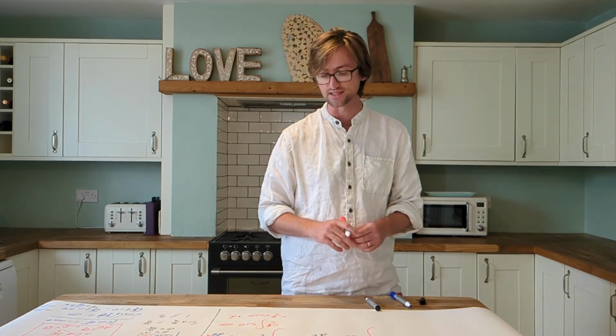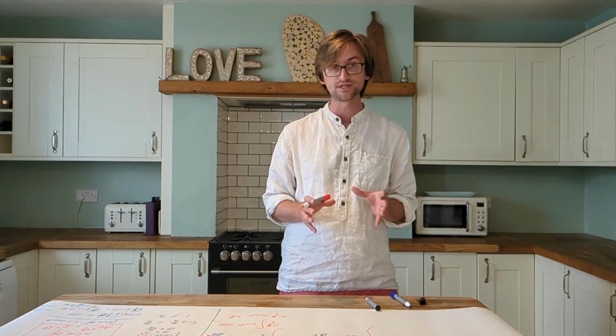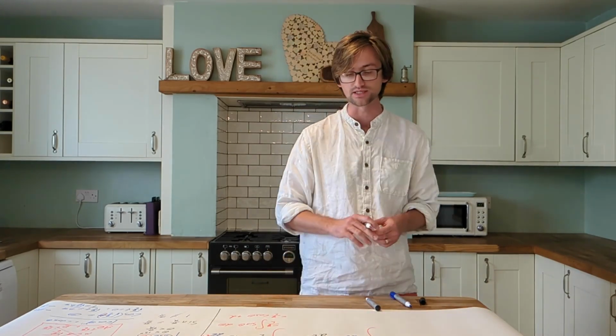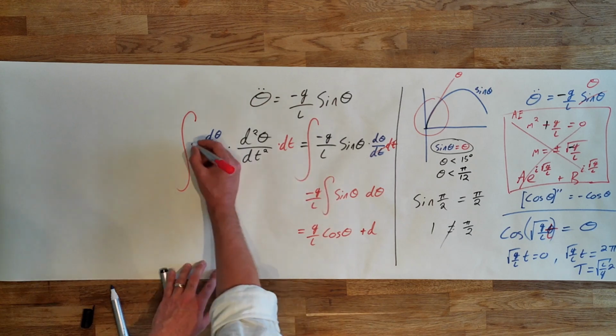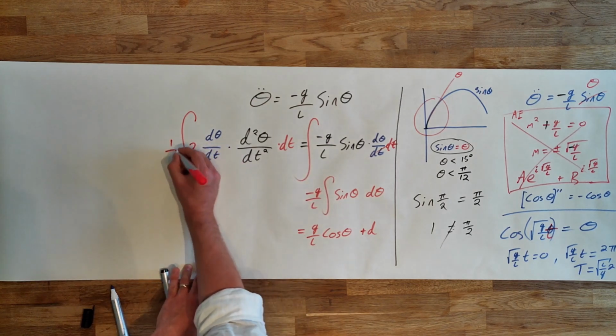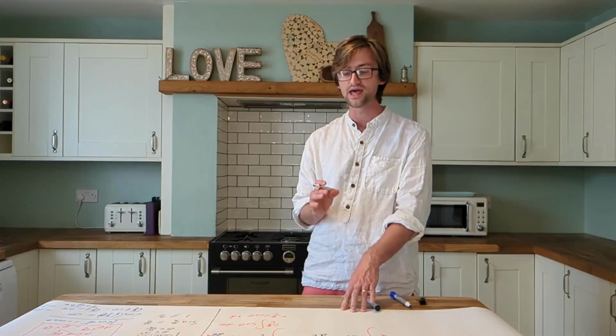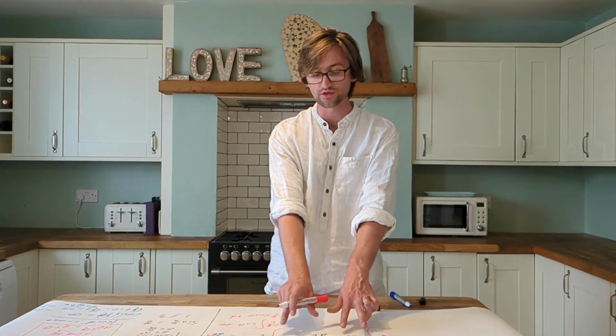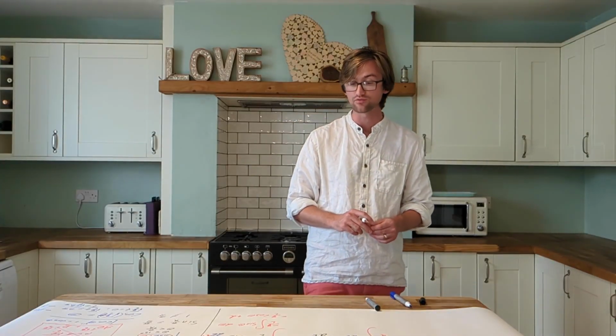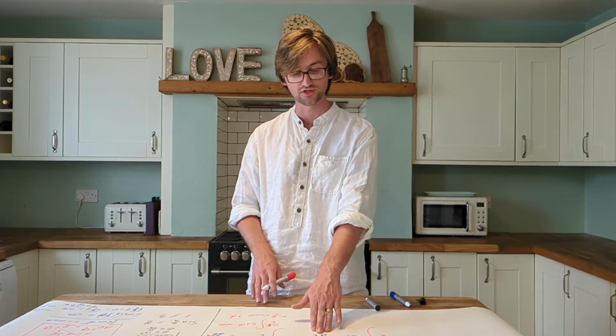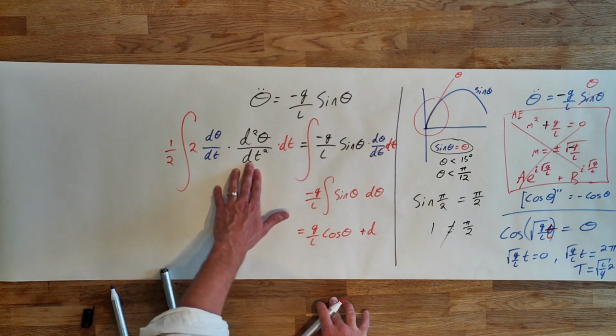The left-hand side, that one is a little bit trickier. But what you might notice is I could write a 2 here, and I could take out a factor of a half. And then we've got something that looks awfully like the reverse chain rule, because we've got a function times its own derivative.